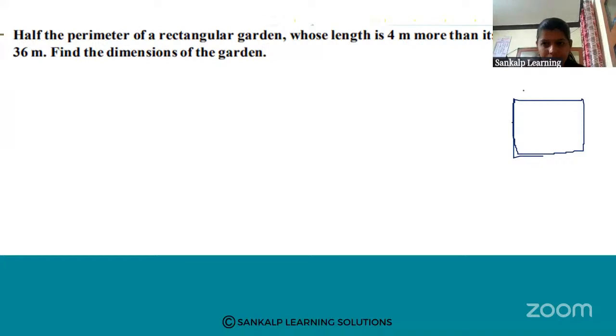Okay, next. So length is 4 meters more than its width. If we consider the width as x, then the length is 4 meters more than its width, that is x plus 4, right? Length is x plus 4.